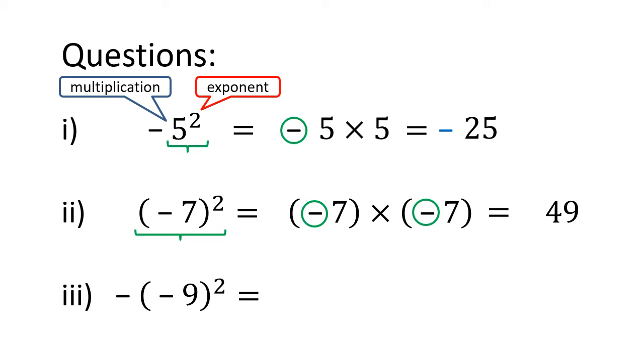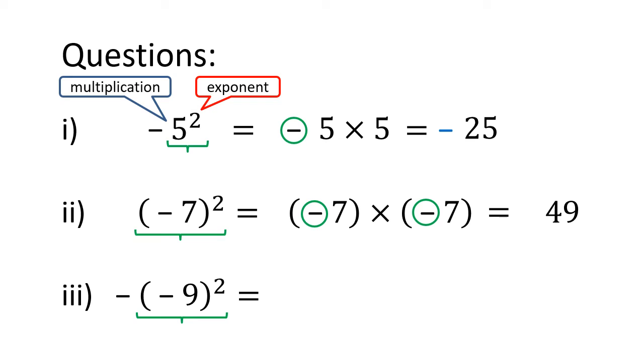The third question is negative bracket negative 9 squared. A common mistake is doing negative times negative is positive. So this becomes 9 squared, which is 81. Let's see what is wrong. 2 is a square, which is an exponent, and we need to calculate bracket negative 9 squared first.